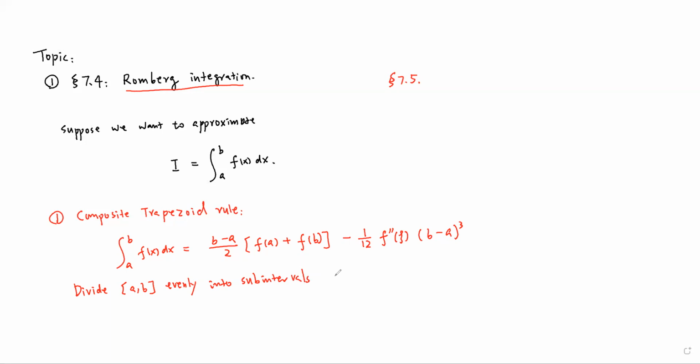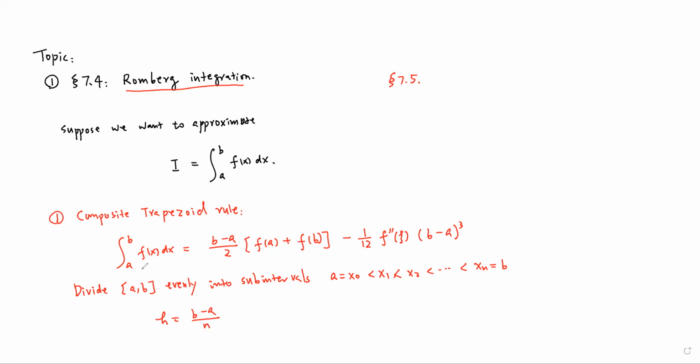Say the partition points are x0 is a, x1, x2, and xn is b. So the length of each subinterval is (b minus a) over n, the length h.